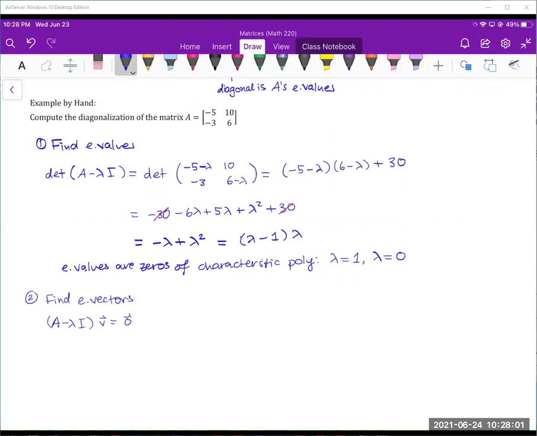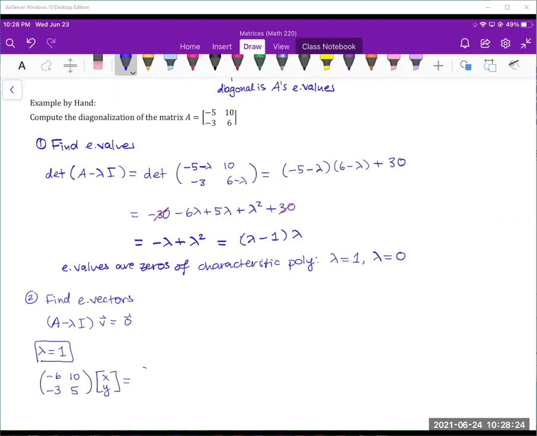Let's do this first for lambda equals 1. A minus lambda I is negative 6, 10, negative 3, 5, times the vector v gives us the 0 vector.